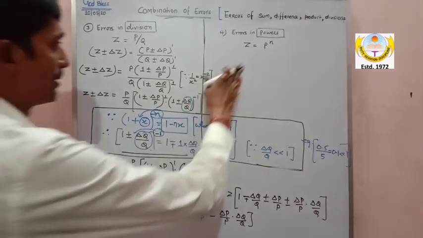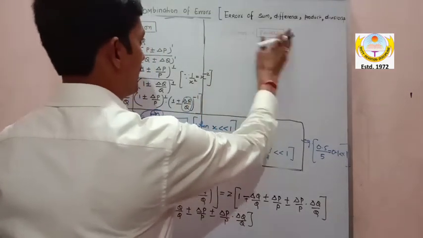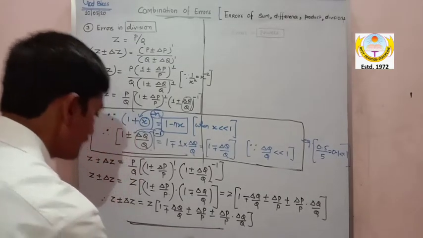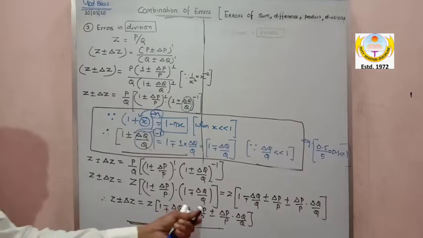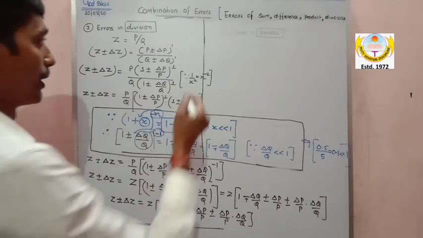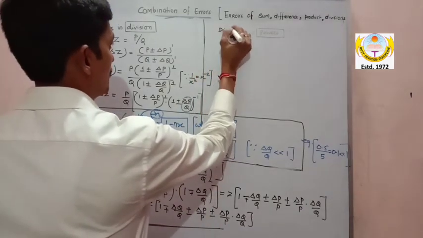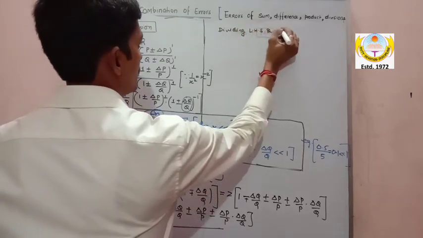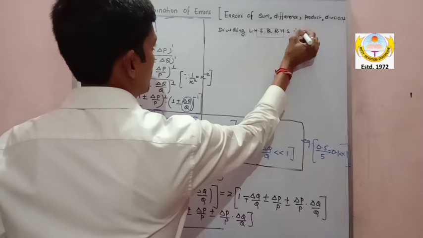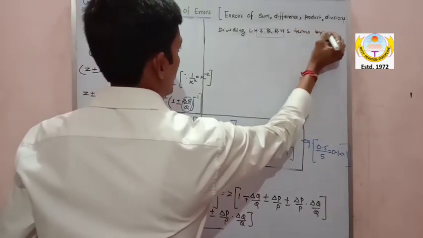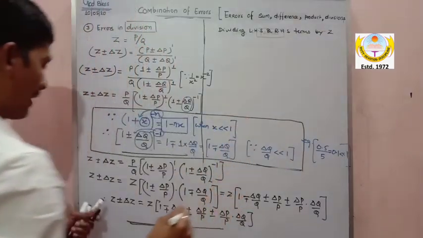Now, my dear, here I will do this afterward. Dividing the entire left hand side and right hand side terms by z, that is by the true value. What will I get?